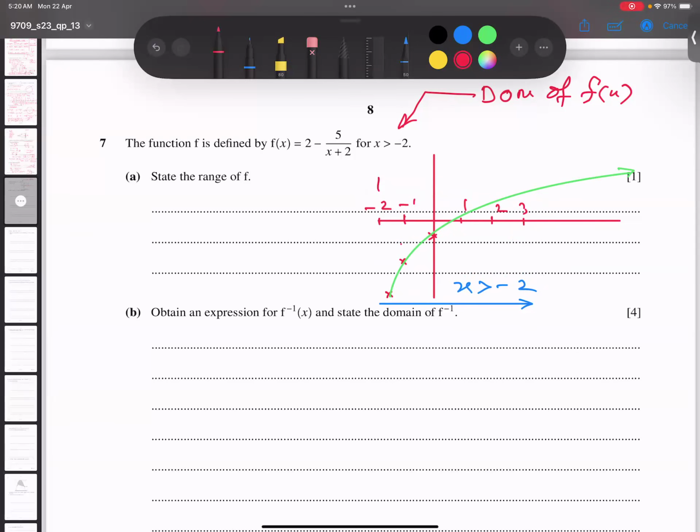You know -2. If you check it, if I plug in -1.5, I have -8. If you move slightly towards -2, -1.6, then slightly closer, -1.8, slightly closer, -1.9, slightly closer, -1.999.